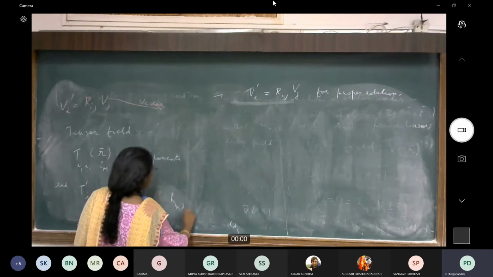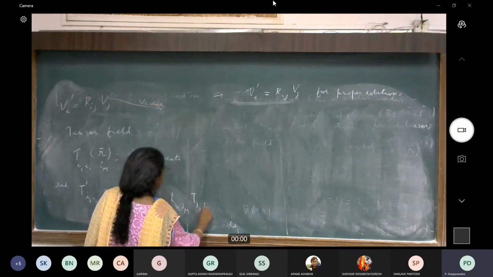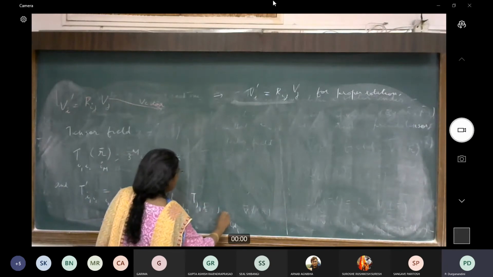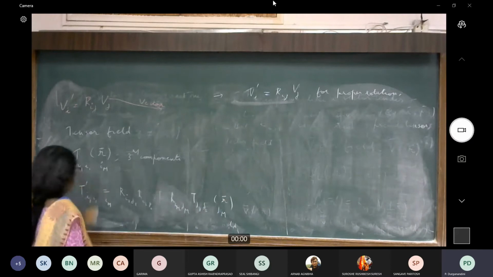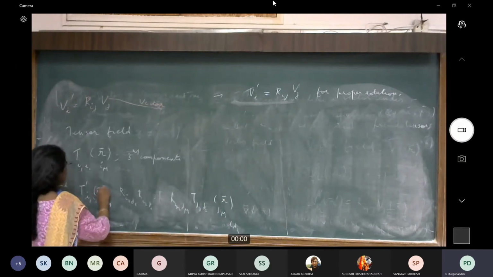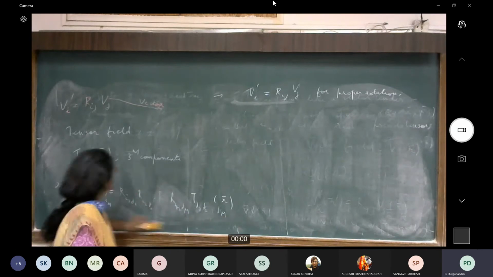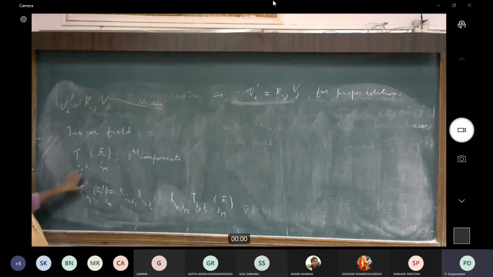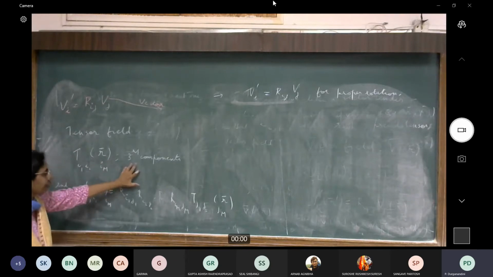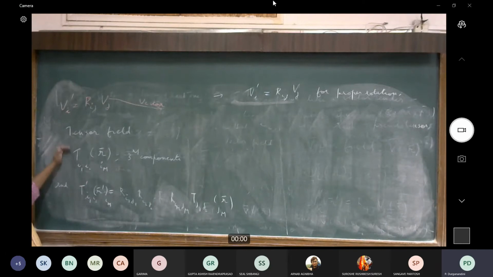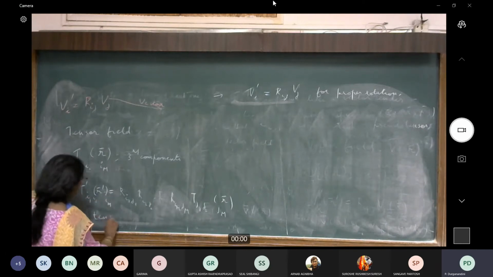Here I should put an r prime. So I have an object which has m subscripts, each component a function of r, the position vector, with 3 to the power of m components. If the transformation properties under rotation transformations are like this, then I will say that this is a tensor field of rank m.